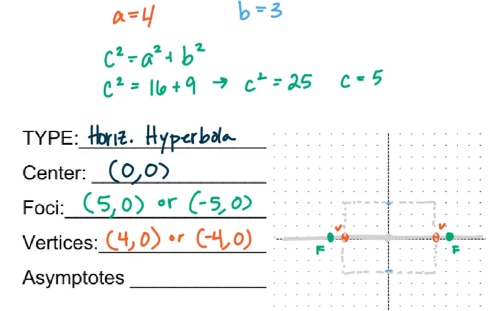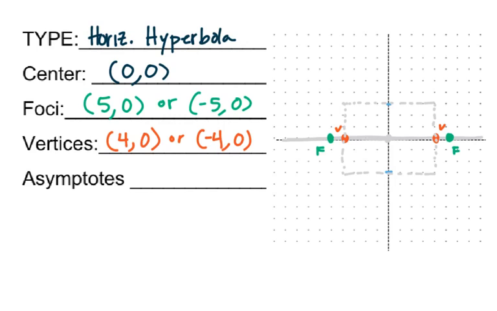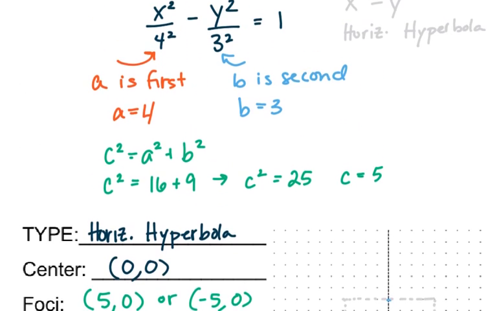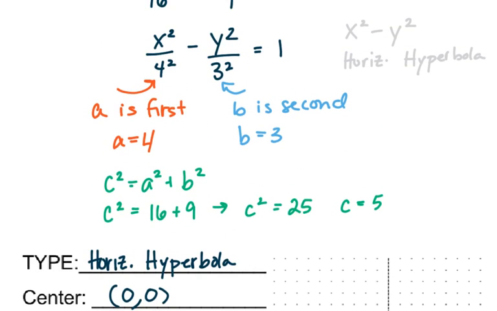My asymptotes in this situation, remember, we're going to write them as an equation here. We're going to write y equals plus or minus some m value times x. And since it's going through the origin, we don't have plus b, because plus b, the y-intercept, is 0, the origin. So we need to know what the slope is. Remember, slope is rise over run, or change in y over change in x.